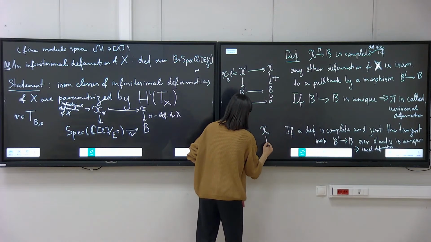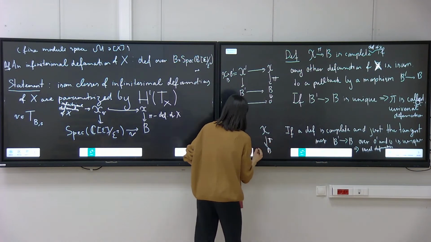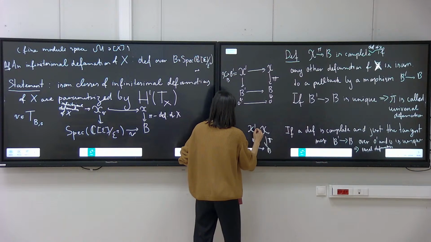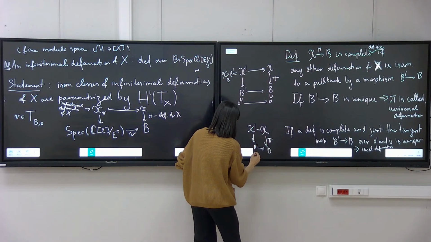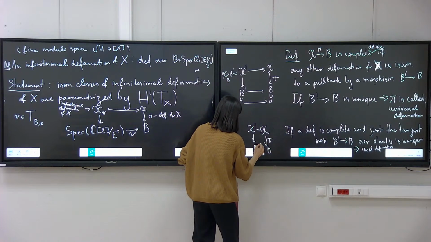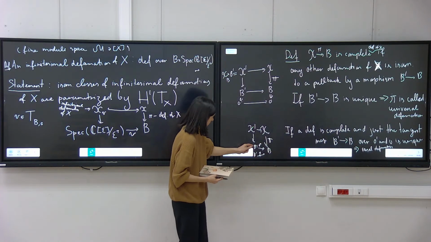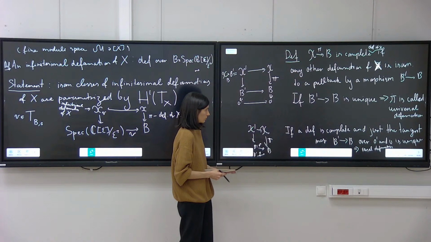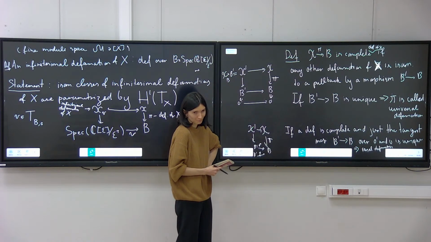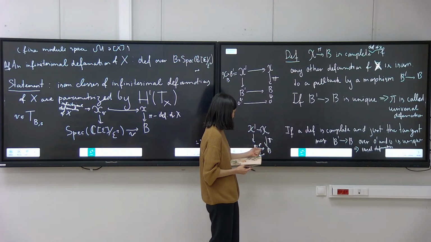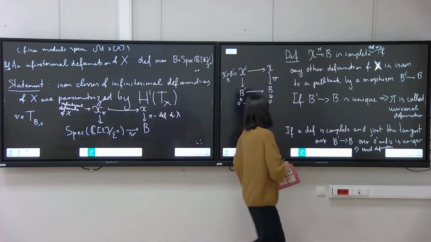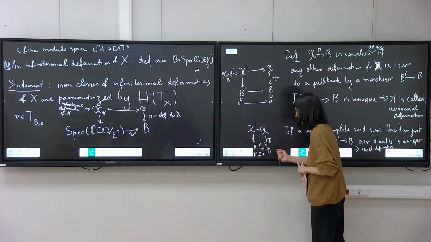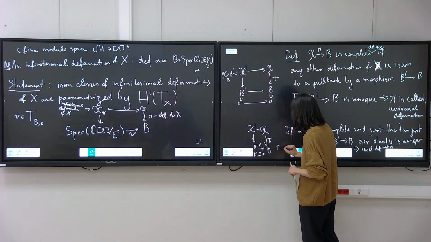It means that, given x pi b, suppose that our deformation is obtained from two different maps from B prime to F, then we require that the corresponding tangent maps at the distinguished point coincide.